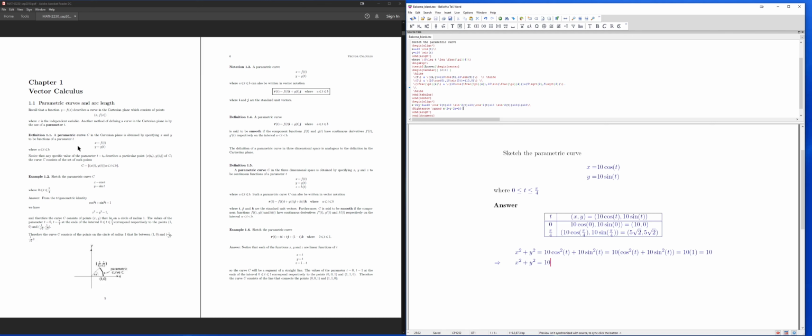Now we want to consider parametric curves, and it's a somewhat similar sort of idea. Over here, you are free to choose the x values. You could choose any x value that you wanted.